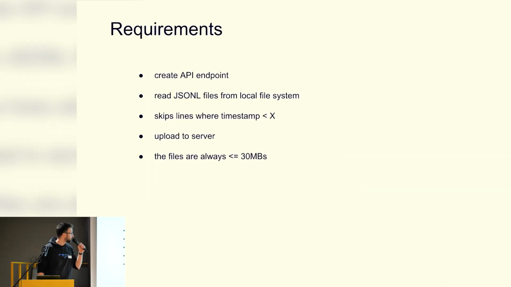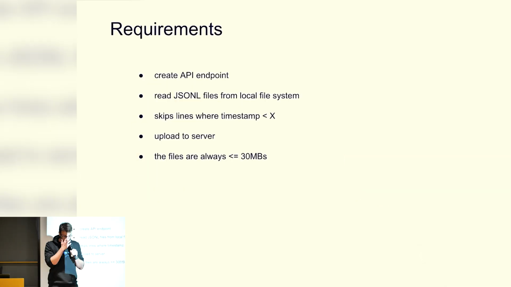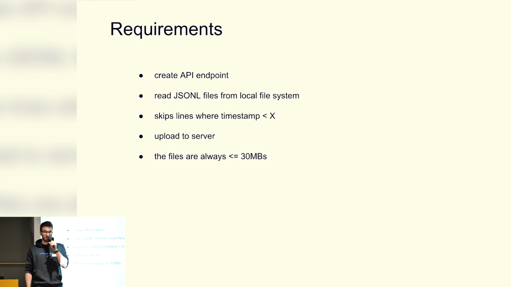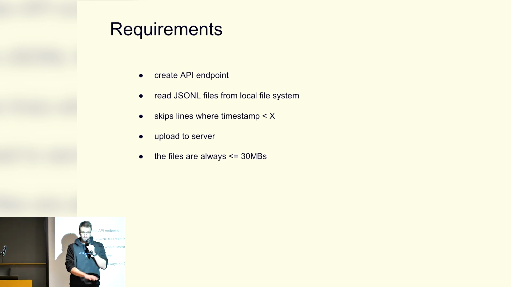If we strip it down into the requirements, basically the business guys need to move some data from one pile to another, so we need to get our shovels and start shoveling. How will we do that? We will create an API endpoint. That endpoint will read some file, a JSON-L file, line by line.